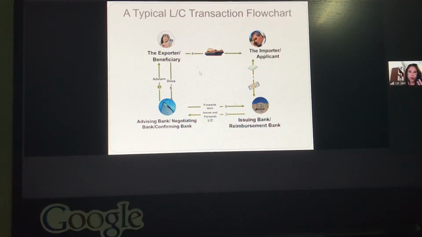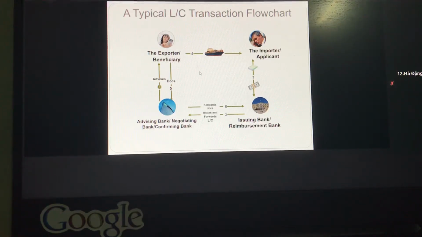You omit the goods, you don't ship the goods, but you present the documents to the nominated bank, with the hope that you receive the payment from the issuing bank. Are you a good person or not? I think the exporter is not good.